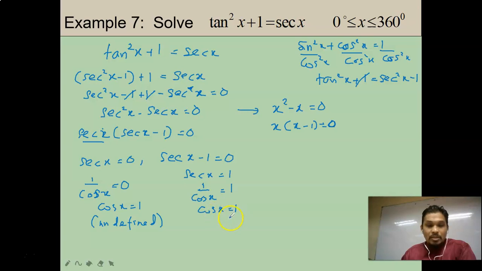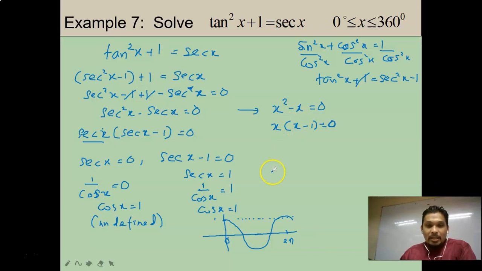So cos x equal to 1, solve by using the graph. Cos begins from 1 here, which is 0, pi over 2, pi, 3 pi over 2, and 2 pi.